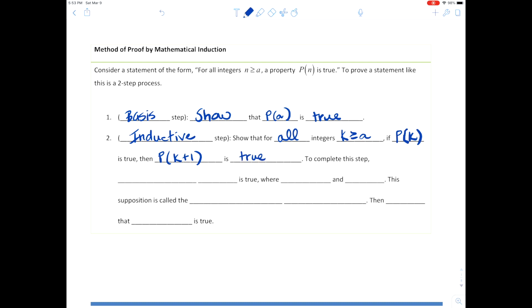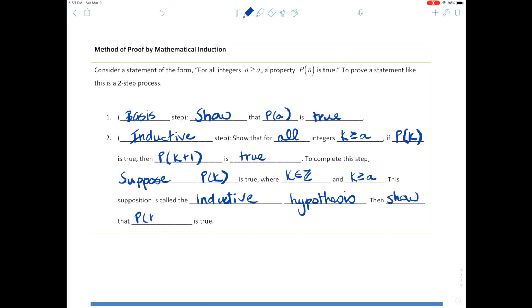So to complete this step, what you need to do is suppose P of k is true, where k is an integer and k is greater than or equal to a. This supposition is called the inductive hypothesis. Then you just show that P at k plus 1 is true.